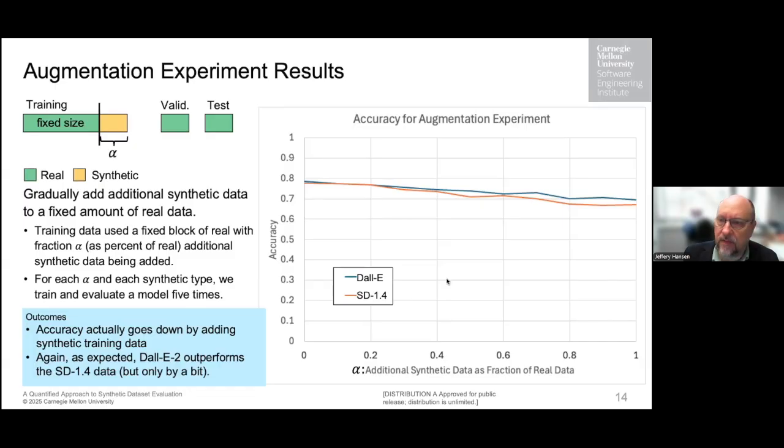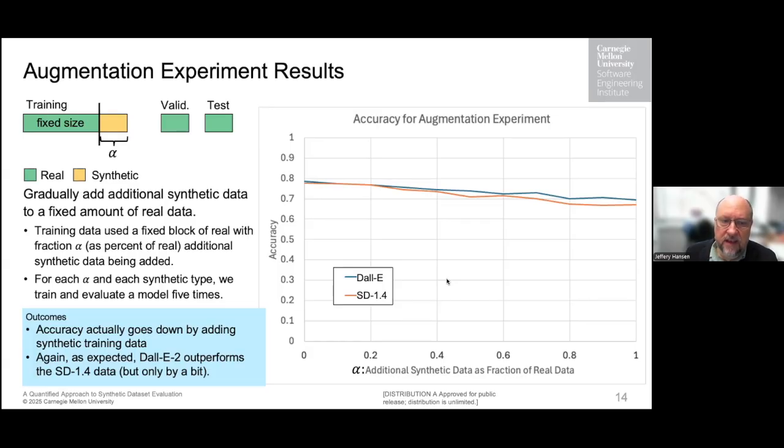So we use all our real data, and then we gradually add more and more synthetic data as we train and test the model. The alpha here is the fraction of the real data that we add in synthetic data. The left-hand side at 0 is all real data, and the right-hand side at 1 is double the amount of data, half real, half synthetic.